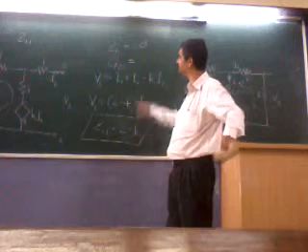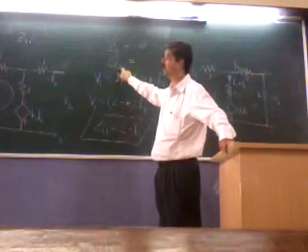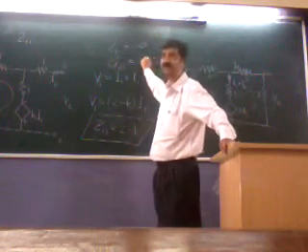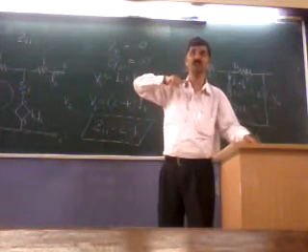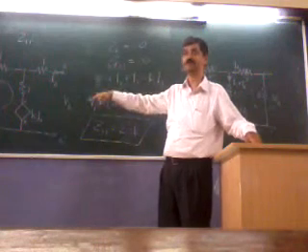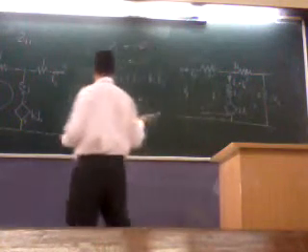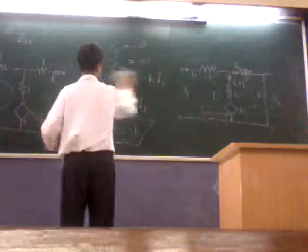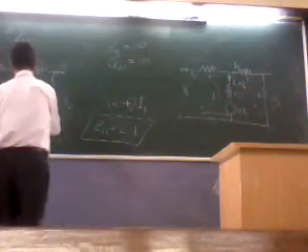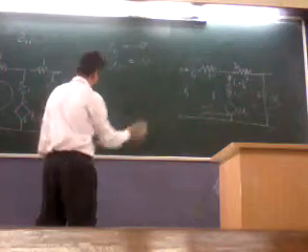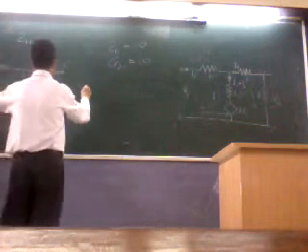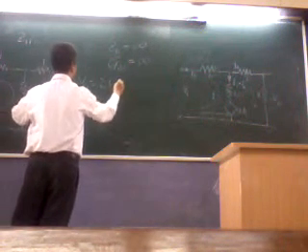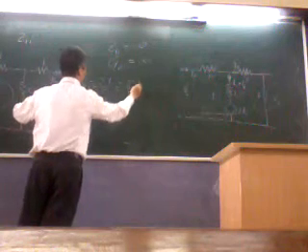Okay. G21 is what? How will you compute G21? G21 is V2 upon V1. V1 is 2 minus K, so we can write the equation. Z11 is 2 minus K. You can compute G21 independently: V2 upon V1, where V1 is equal to 2I1 minus KI1.